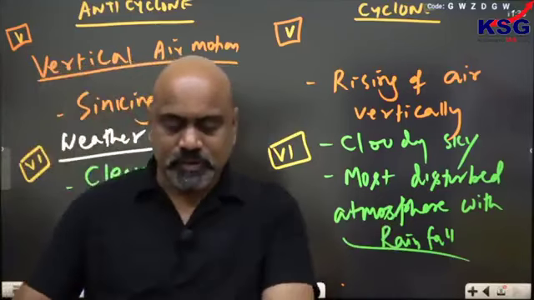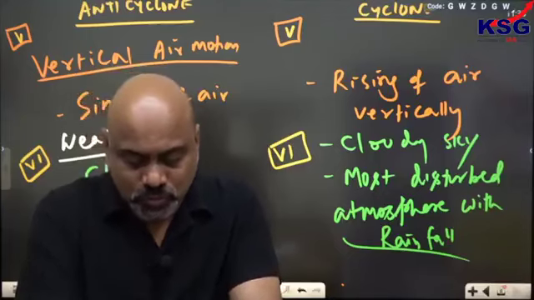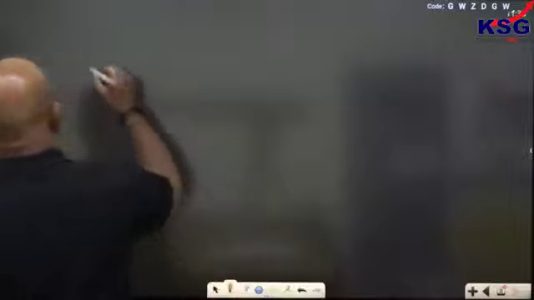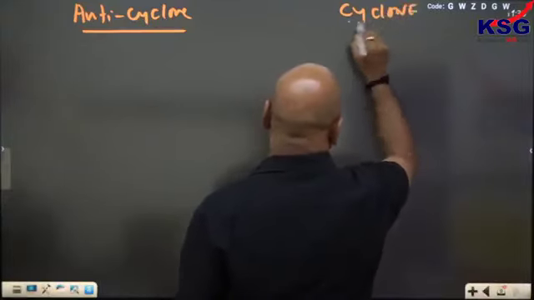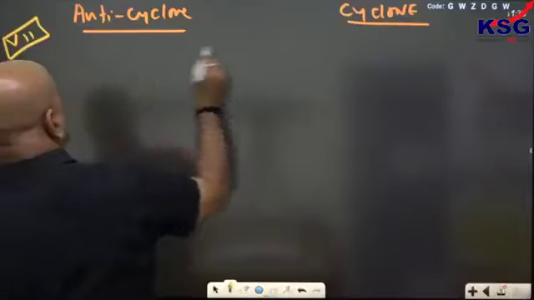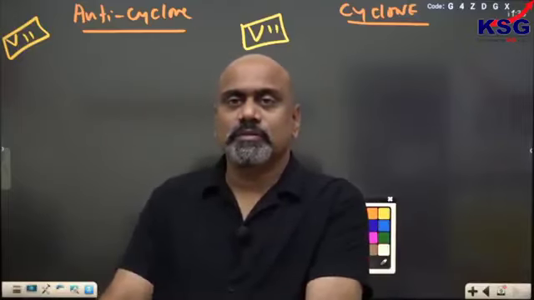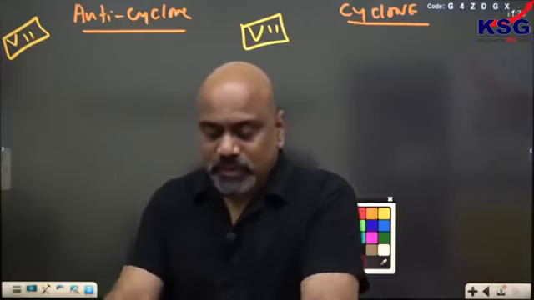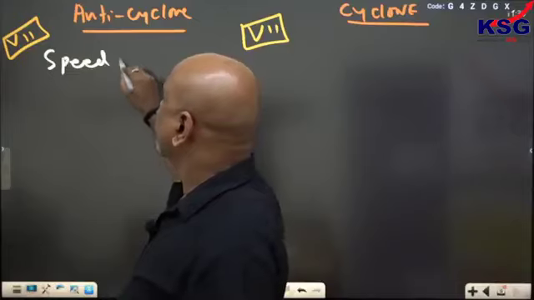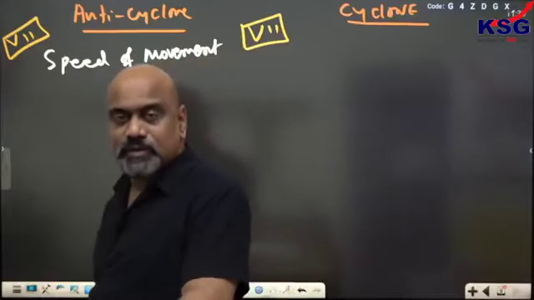Cyclone and anticyclone. If you look at their speed of movement, it is slow in case of anticyclone, and here it is the cyclone, the difference. If I talk about the dynamism, speed of movement, if you look at this, it is very slow, sometimes stagnant even.